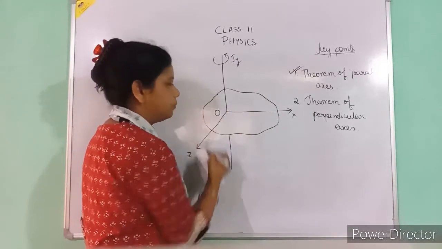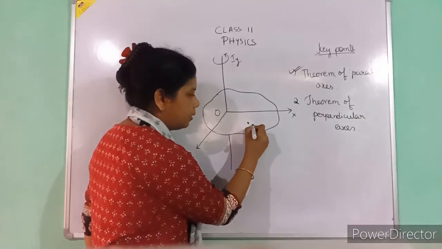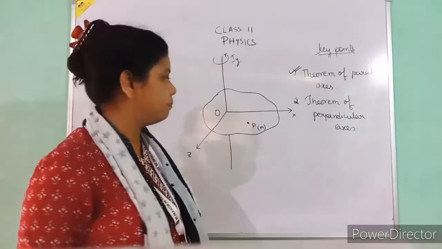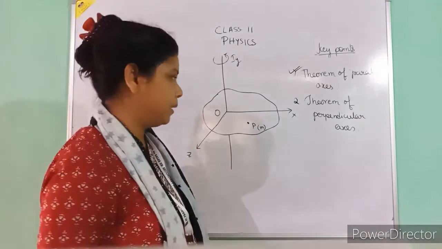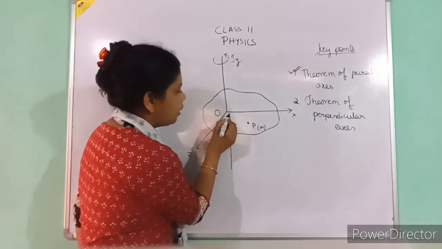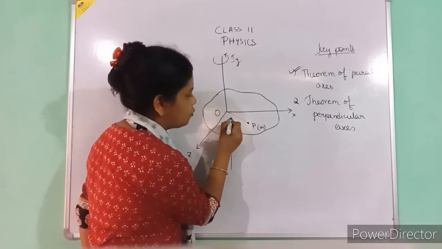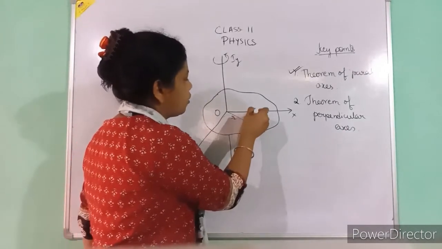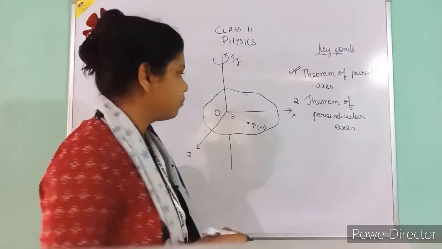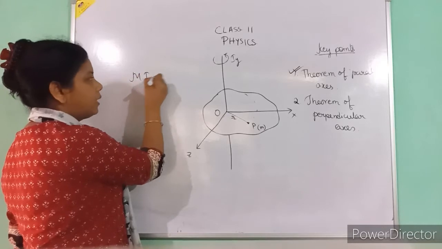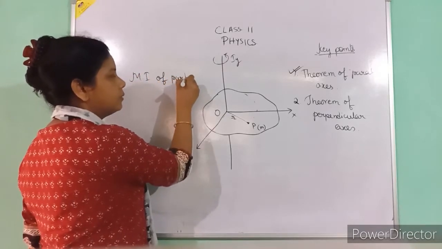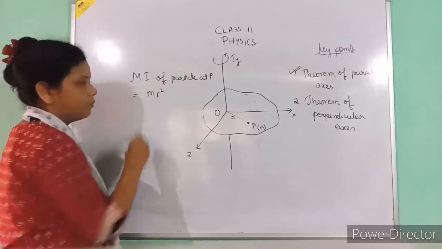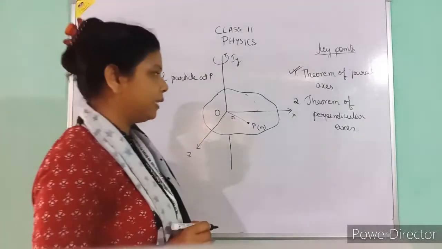Suppose this is a particle P of mass M at a point P. Now, from the origin, the distance I have assumed to be R. So when it is rotating in this direction, what is the moment of inertia of this particle at P? It will be equal to mr square. Yes, mr square will be the answer.